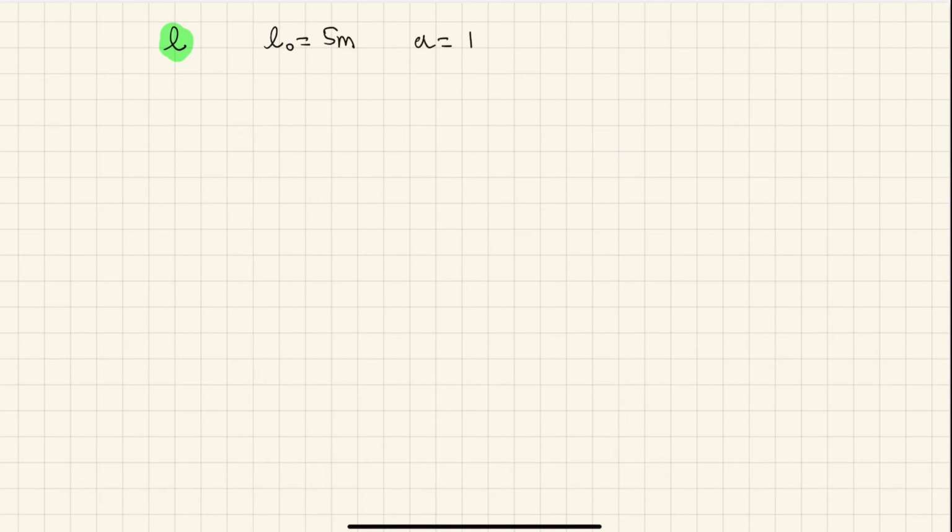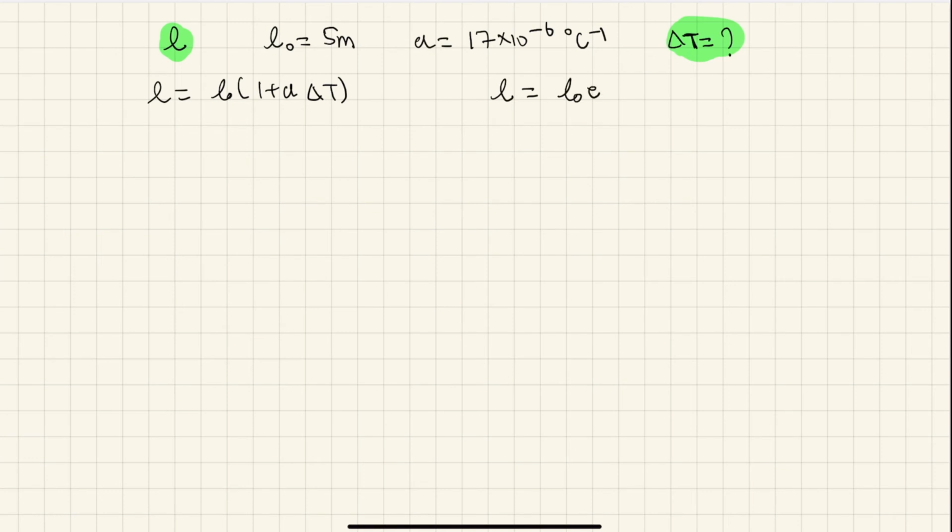My alpha is 17 times 10 raised to the power minus 6 per degree centigrade, and I want the graph between L and delta T. First, using this expression, L equals L naught times 1 plus alpha delta T, and the second graph for L equals L naught e to the alpha delta T. Well, let's plot the graph.